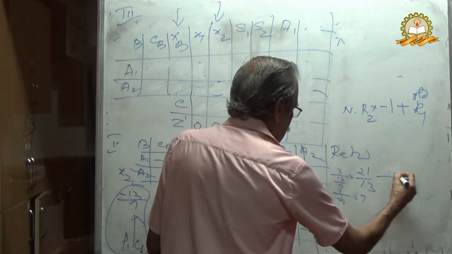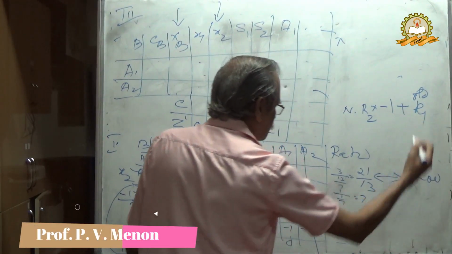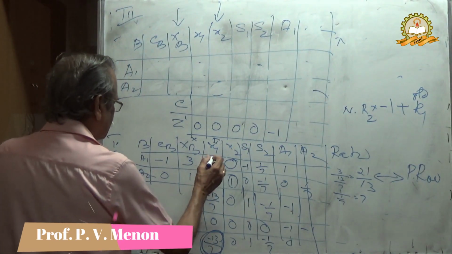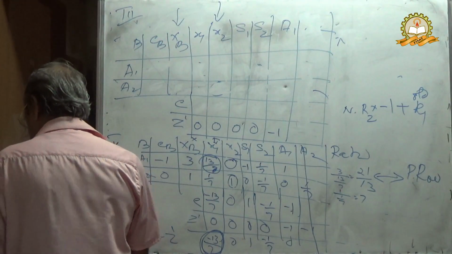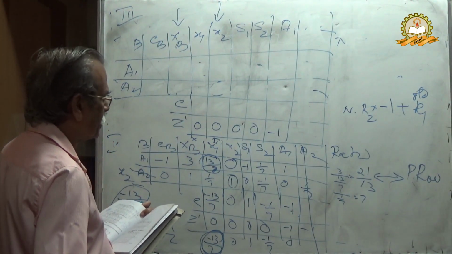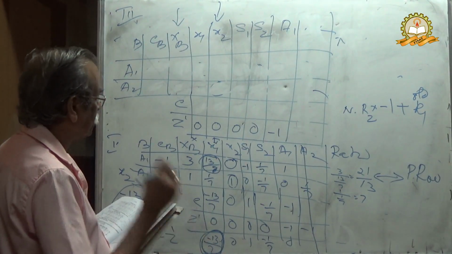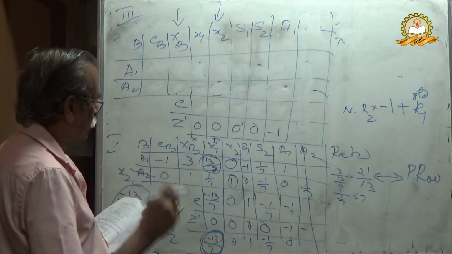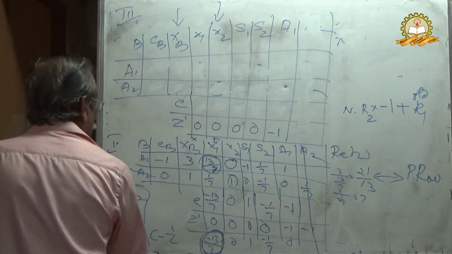Therefore, this is your lowest number, the pivot row. This is your pivot number. Pivot number 13 by 7.